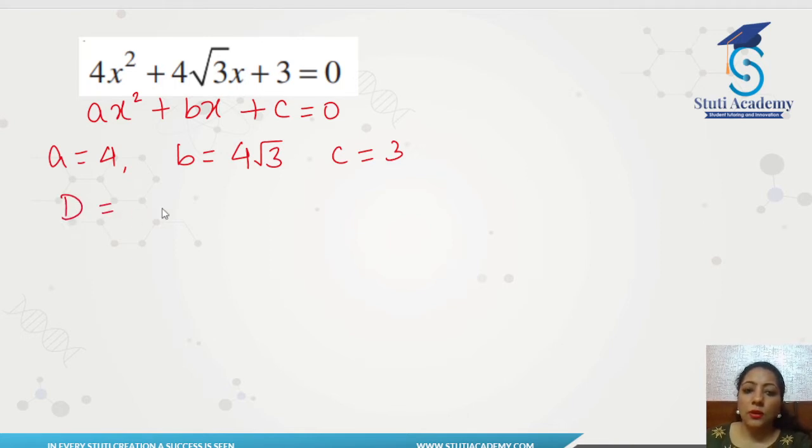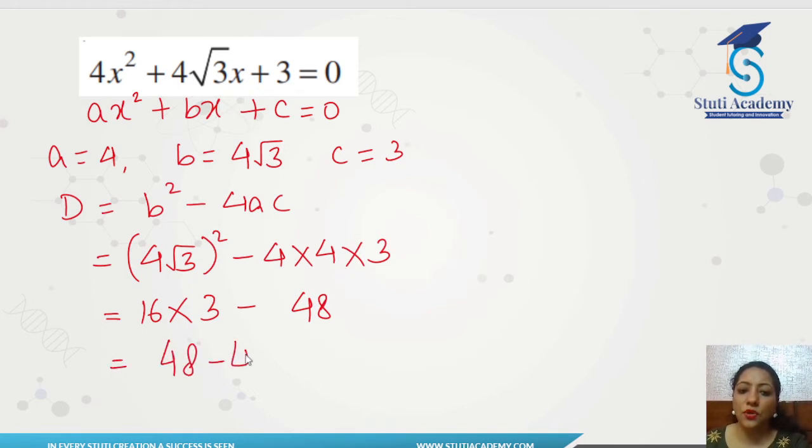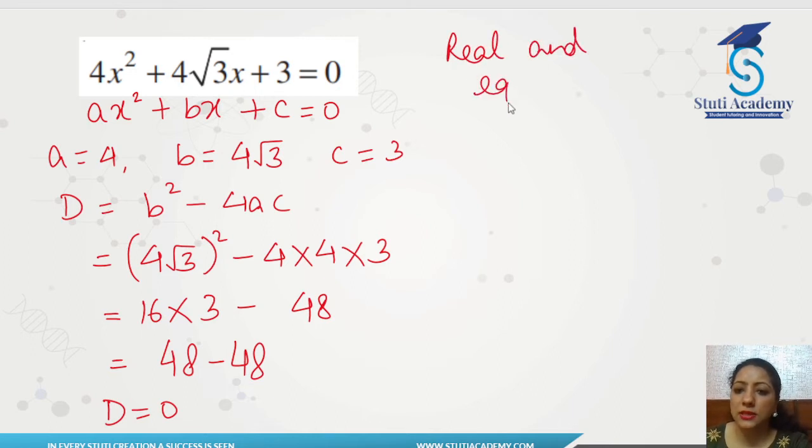So we have the discriminant b square minus 4ac, that is 4 root 3 square minus 4 into a into c, that is 4 square, that's 16 actually, into 3, and this will also give you 48. 4 into 4, 16, 16 into 3, 48. So that's actually 48 minus 48. So the discriminant here is 0. So yes, we have roots and they're equal. So we'll say real and equal roots in this case.